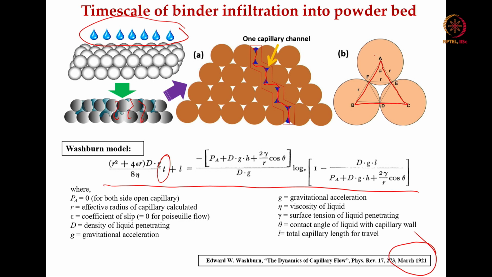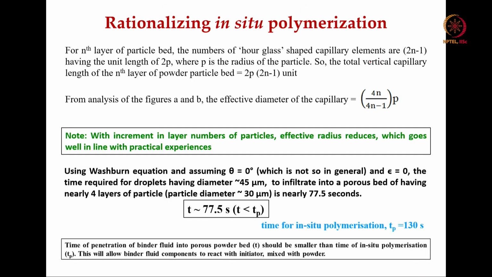You can connect these 3 spheres to make an equilateral triangle, and then you can find the different radii, different length scales, and there you can find the time scale of infiltration.